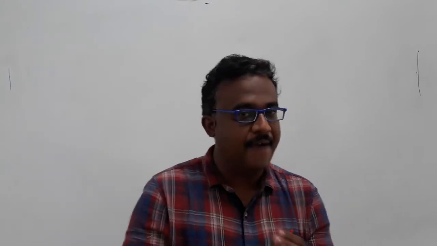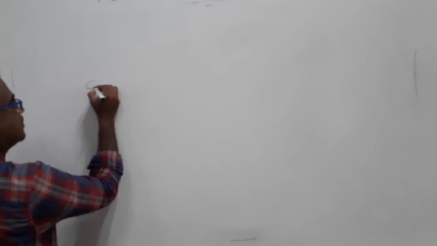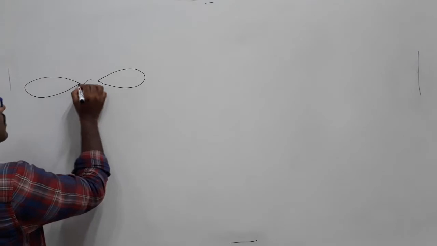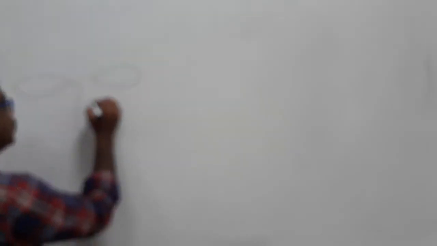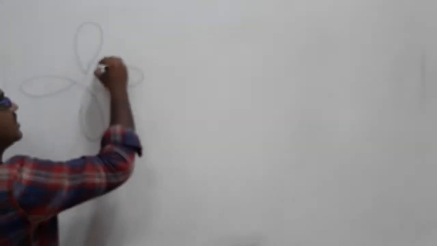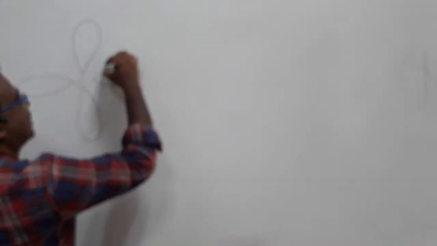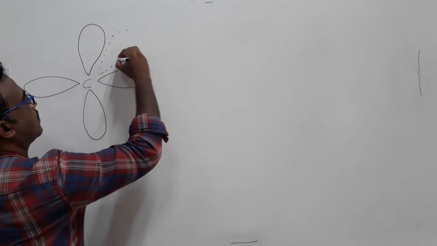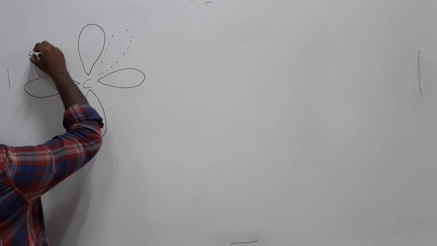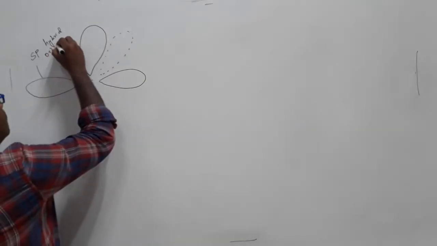In acetylene, we know that carbon has sp hybridized orbitals, and you also have two p orbitals which are mutually perpendicular to the sp hybridized orbital. You can consider this one the sp hybrid orbital of carbon.